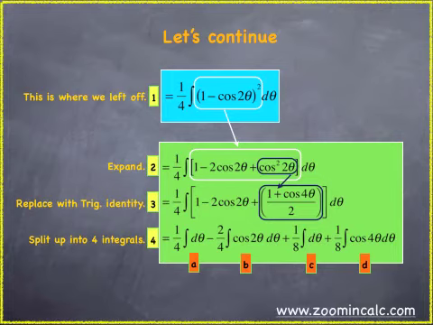But again, remember, we multiplied everything by 1/4, so it now becomes 1/8 times the integral of d theta, and that's in item C. And then the last item in D, well, we had cosine of 4 theta over 2, but then we multiply that by the 1/4, so it's now 1/8 times the integral of cosine of 4 theta d theta.